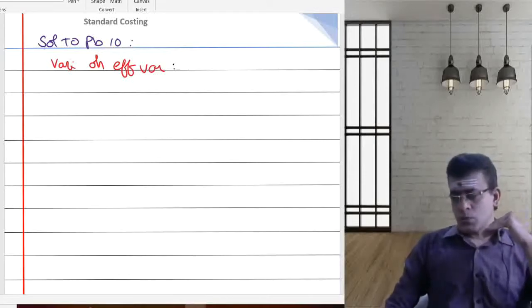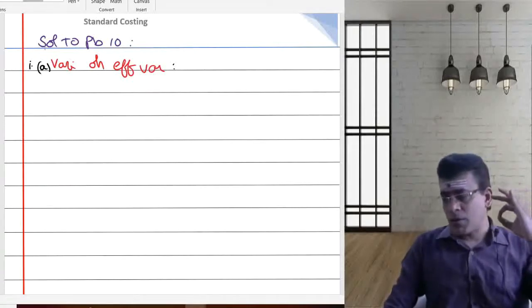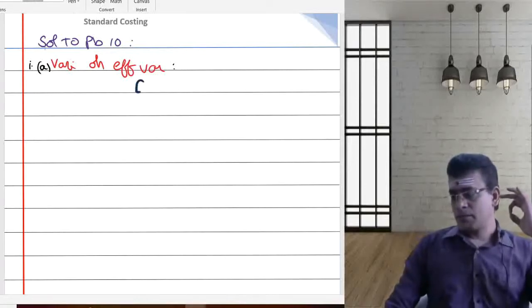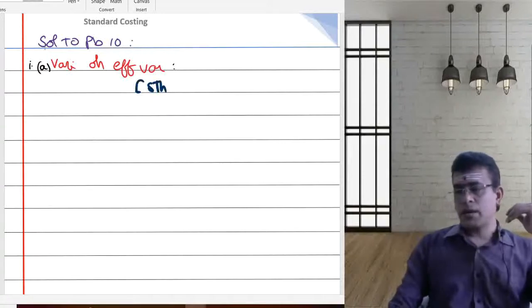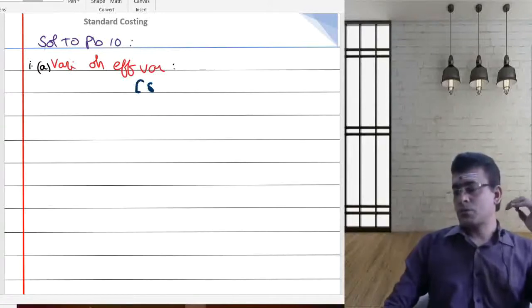So as you are supposed to calculate this as 1A, let us try to put the formula for this. What is the formula for this? The formula for this is nothing but standard hours for actual output. So it clearly says standard hours for actual output. So simply consider standard hours for actual output.